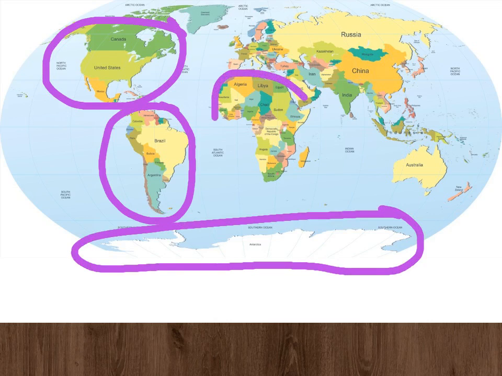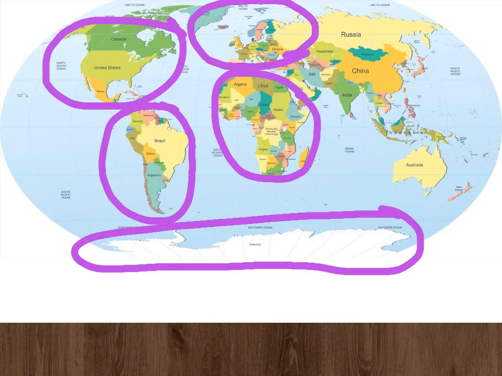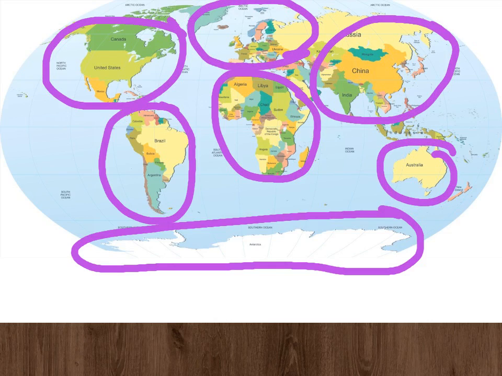You have Africa. You have Europe. You have Asia. And you have Australia. And so we have 1, 2, 3, 4, 5, 6, 7 different continents.